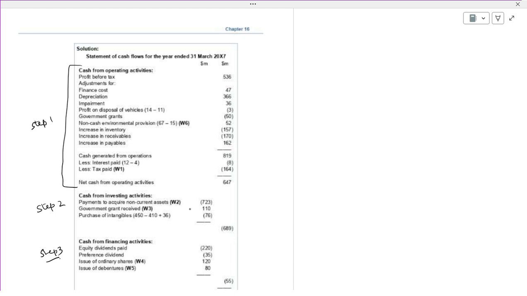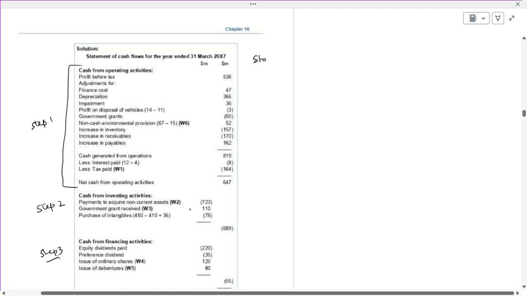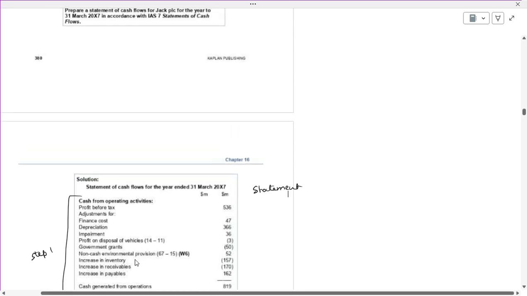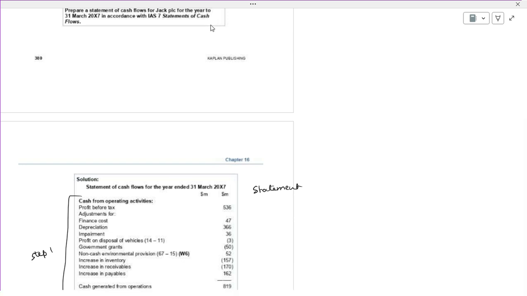Now, there will be a lot of workings. The workings will be only in the T-shape account.